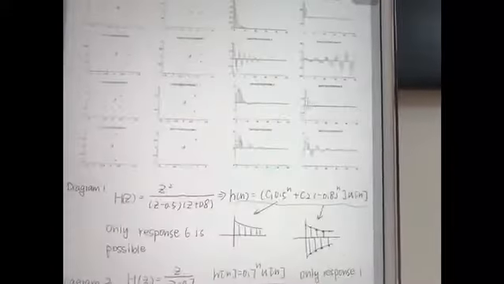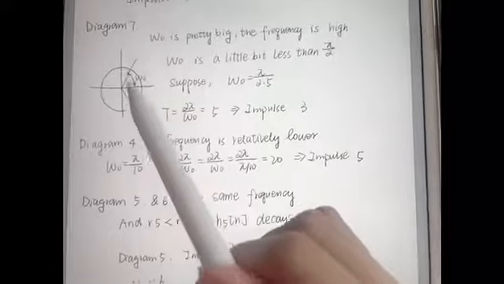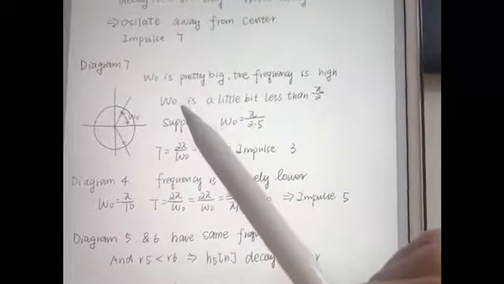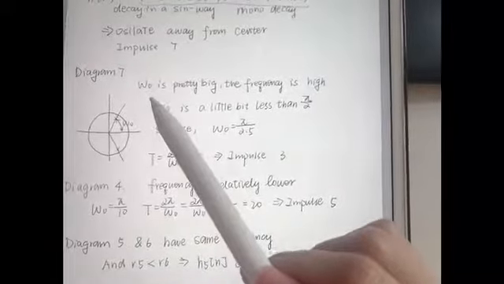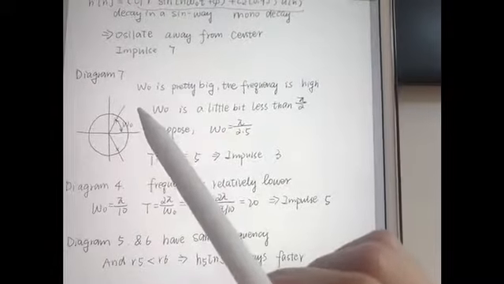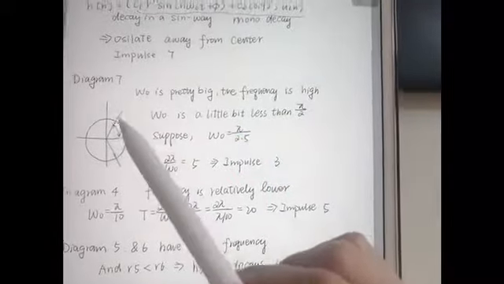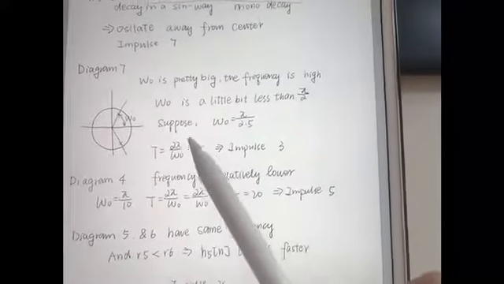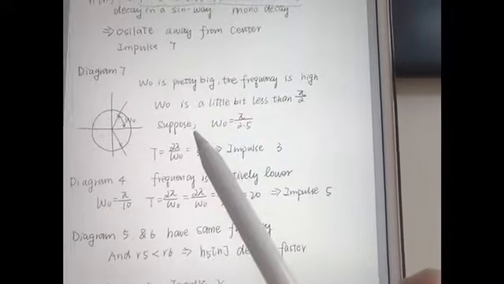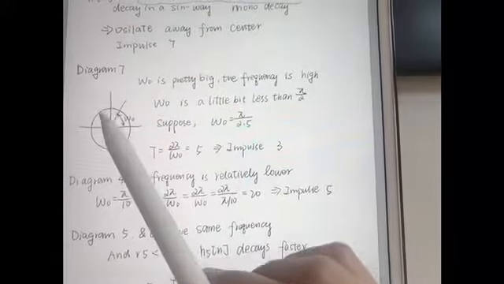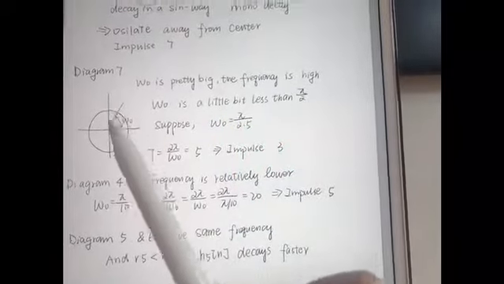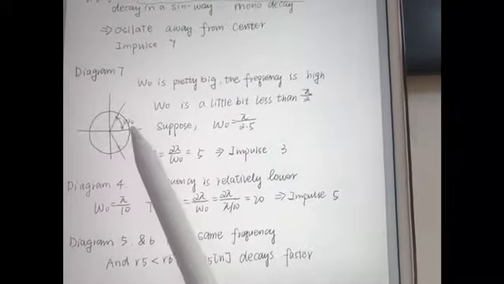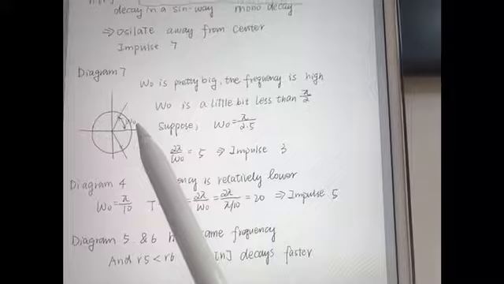We can make it bigger and draw a picture like this. Omega 0 is pretty big, and this means the frequency is big. But it is also a little bit less than pi divided by 2.